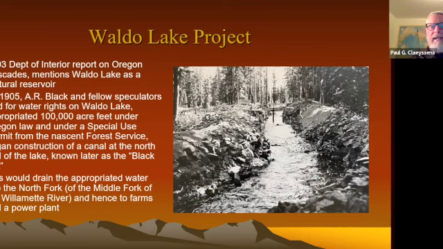So the idea in 1905 was to drain this appropriated water out of the Waldo, and on the way down to irrigating farms in the Willamette Valley and parts between the Cascades and the Willamette Valley, you'd also run it through penstocks into turbines for electric power generation. So they had grandiose plans in 1905, if you can believe that. And it was perfectly legal.